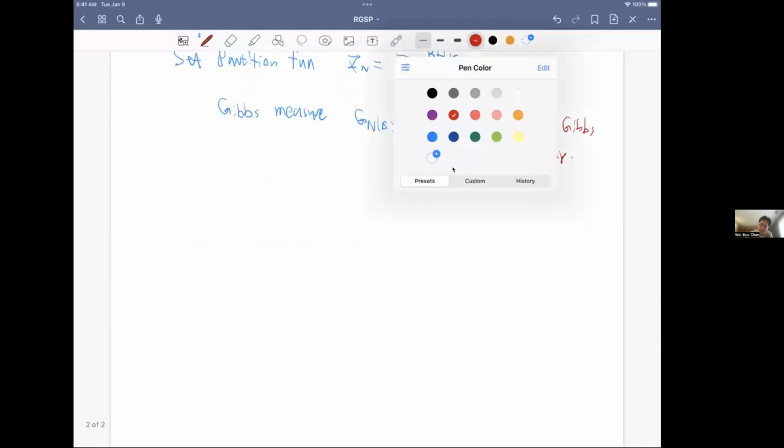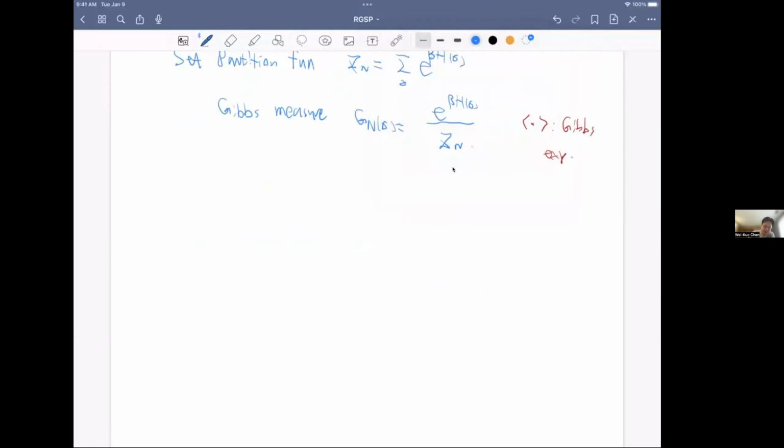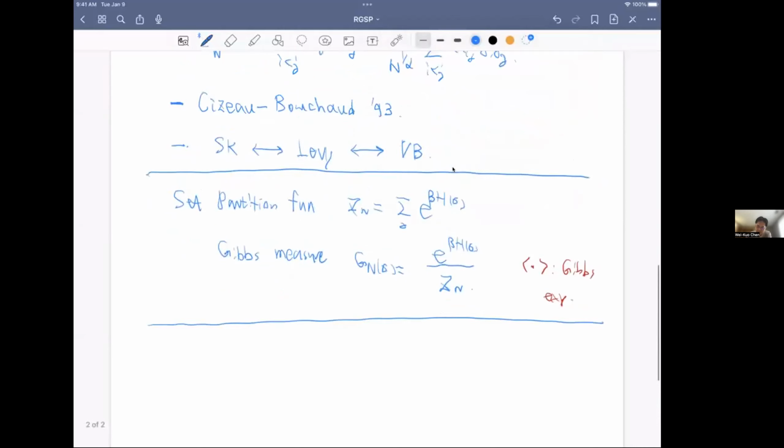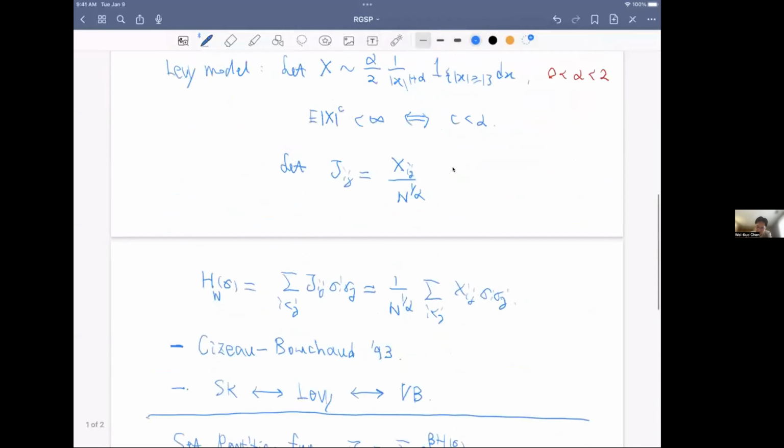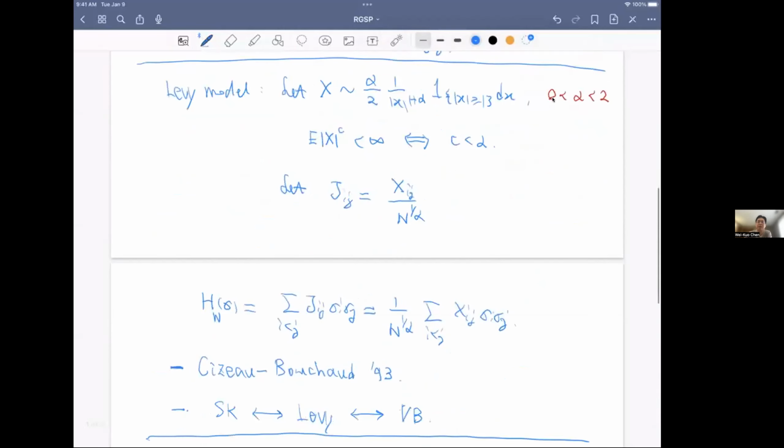Okay, so now here's the first main result. Recall that in our model the important parameter is this alpha, between 0 and 2, which controls the tail of the distribution of the spin interaction. The reason I'm going to tell you today is that there is a major difference between alpha bigger than 1 and less than 1.